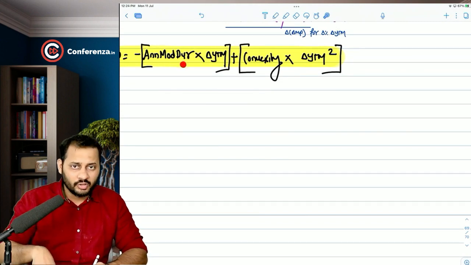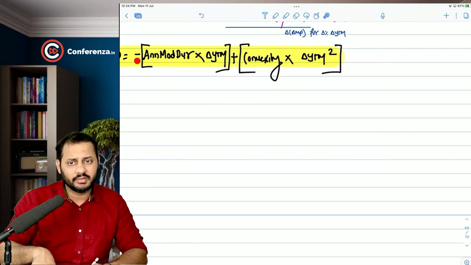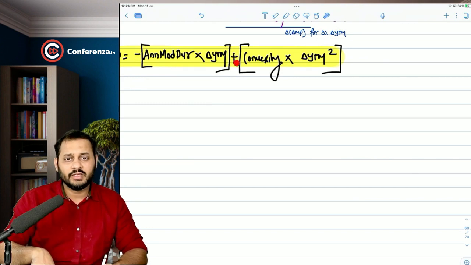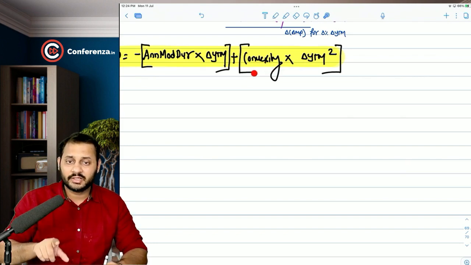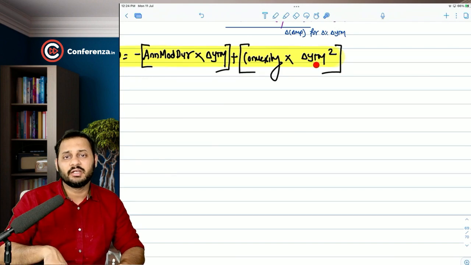Because this is approximate and not an accurate answer, we will adjust it and keep a plus sign only, because we have already given a minus sign outside. So we will add the adjustment figure, that is 1.06%, calculated as convexity into change in YTM squared.